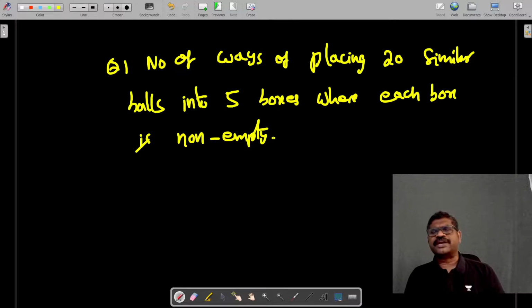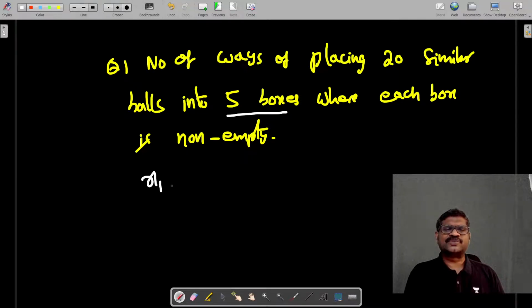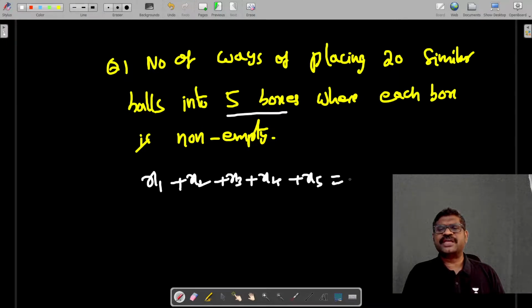So if you convert this problem into a non-negative integer problem, here 5 distinct boxes. Therefore, x1 plus x2 plus x3 plus x4 plus x5 equal to 20.